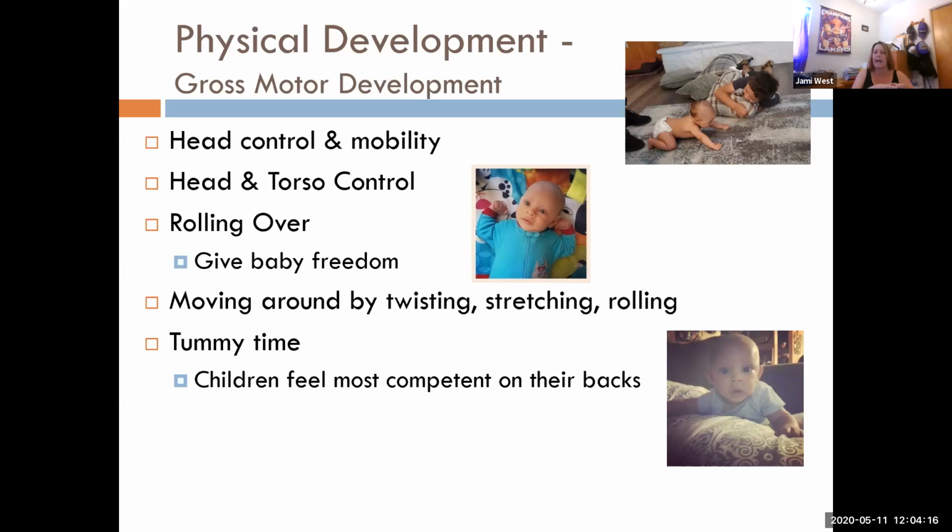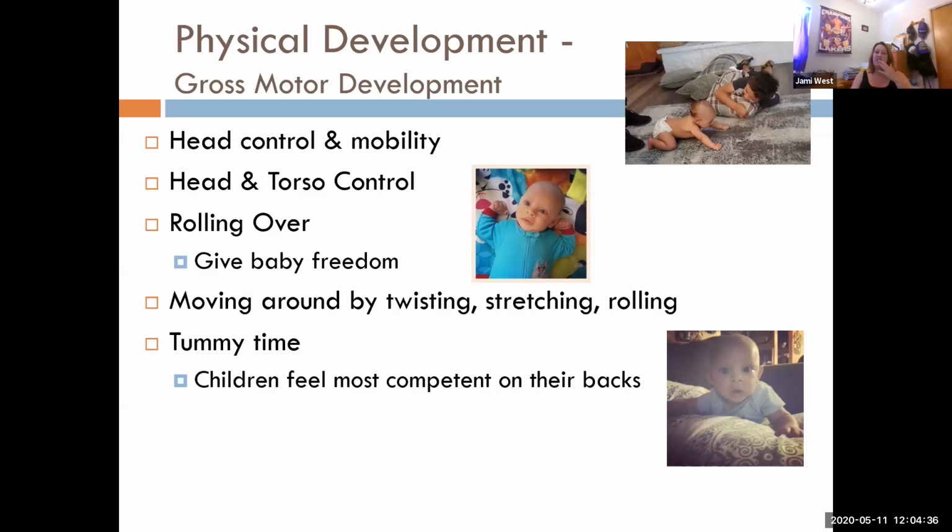One thing needs to happen before the next thing needs to happen. But the timing is different for every child. So what I'm talking about today is the typical gross motor or large muscle development, 0 to 6 months, okay?